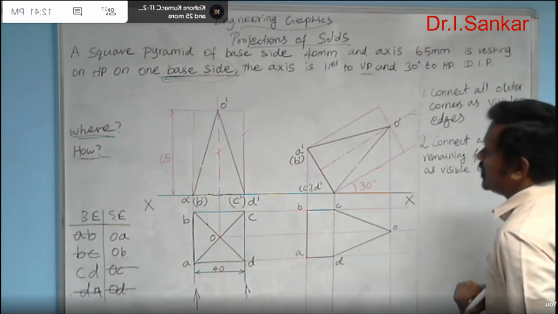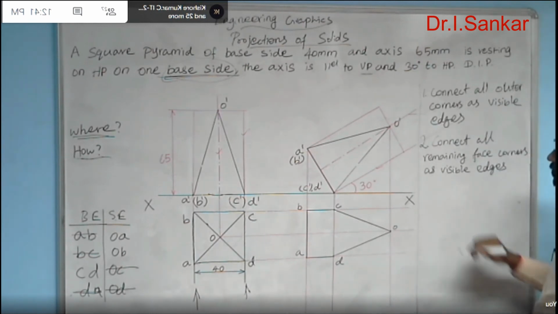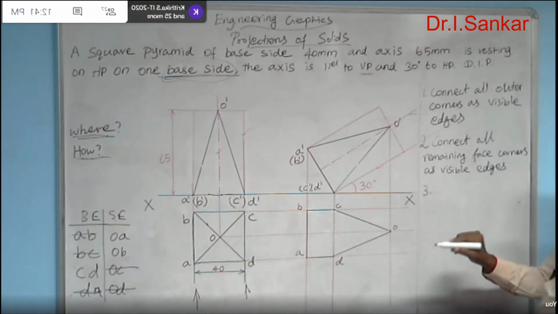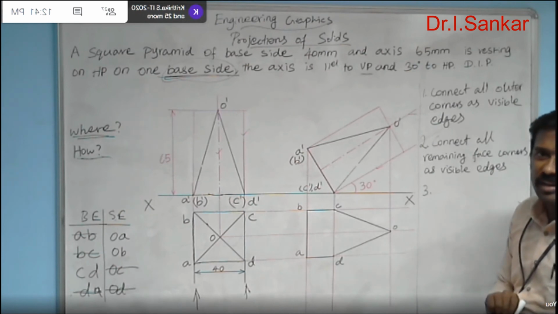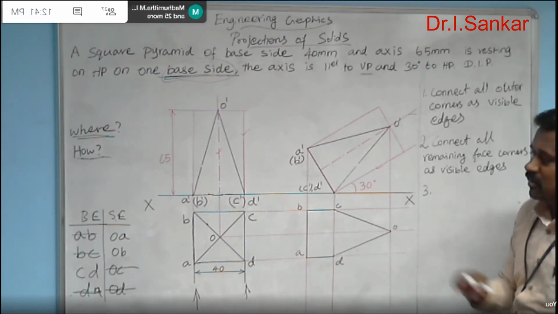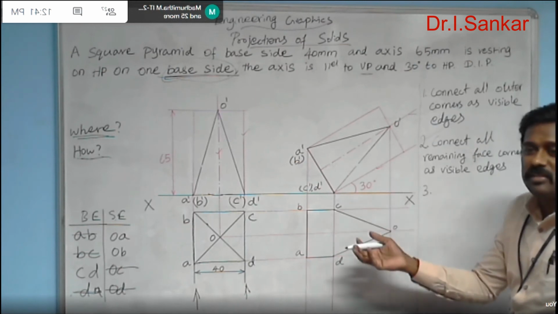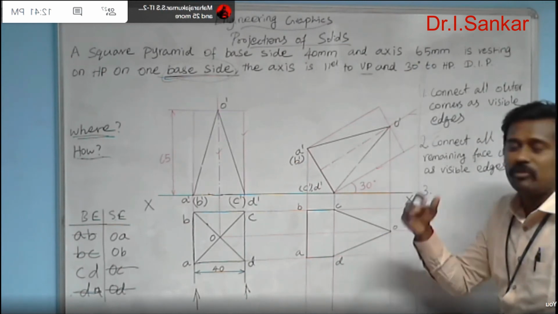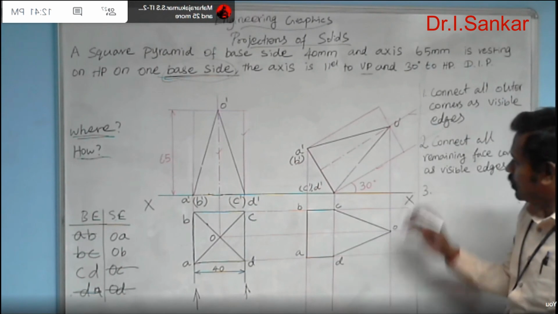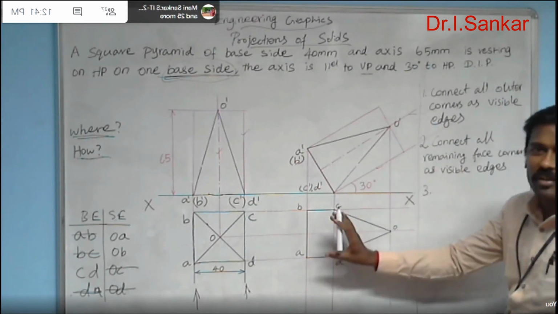Actually, this solid is a pyramid. In this solid, there is no face. Since there is no face, there are no face corners and no face edges also. So point number 2 is not applicable for this problem.